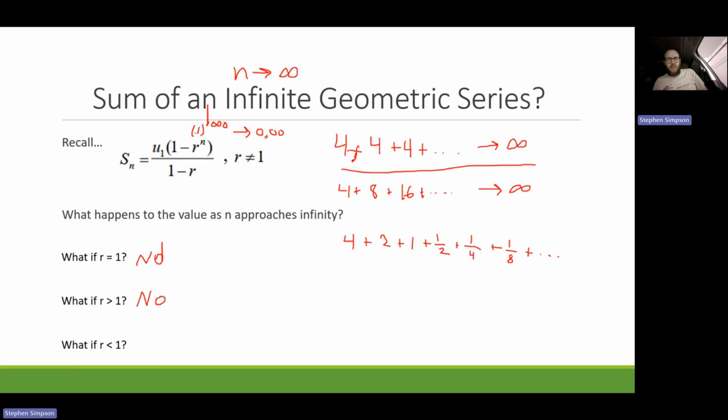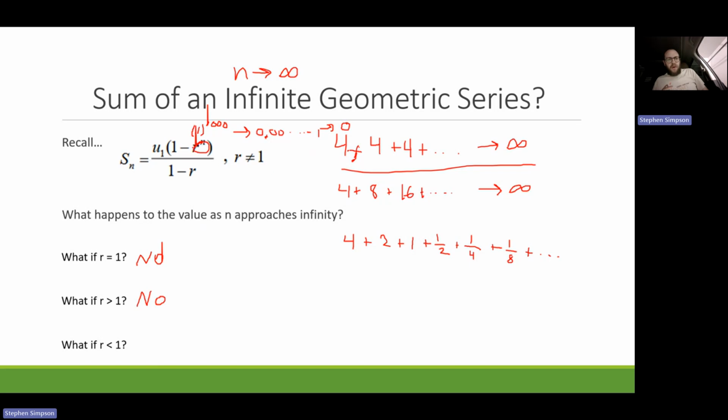How many zeros? I'd say about 1,000, and then a 1. So 0.000000000000001. Basically, this is approaching 0. As the exponent gets bigger, you just keep adding more and more zeros. So this is approaching 0.